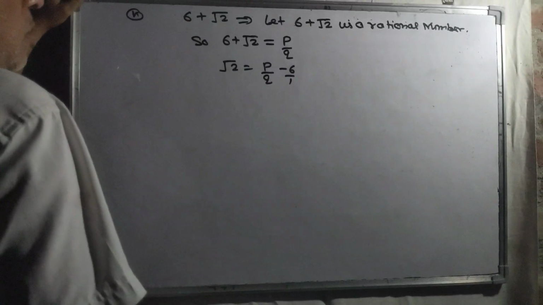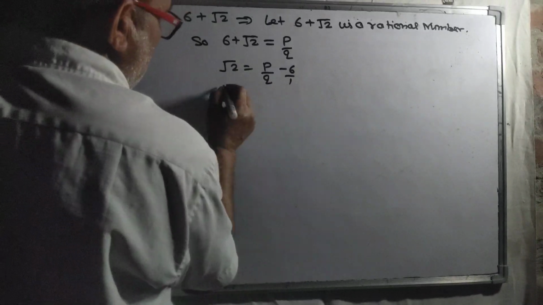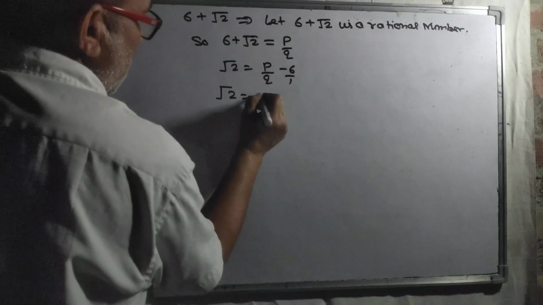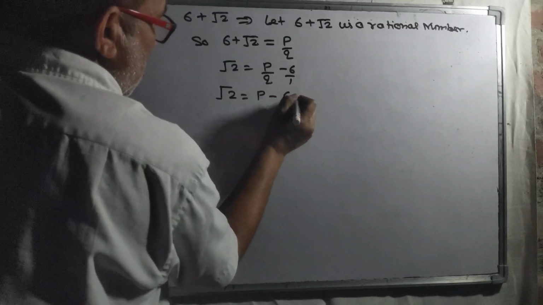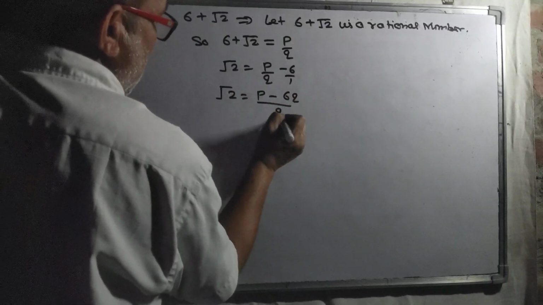Taking LCM, root 2 equals (p minus 6q) upon q.